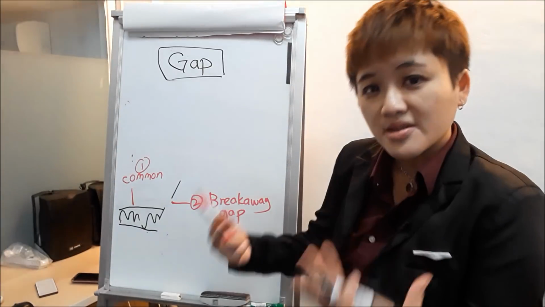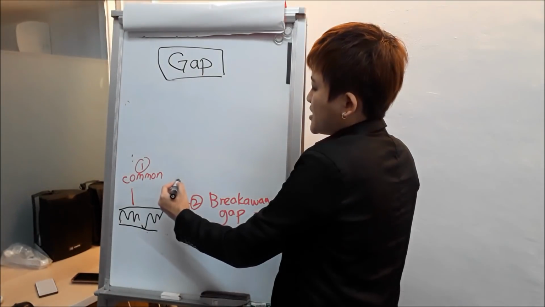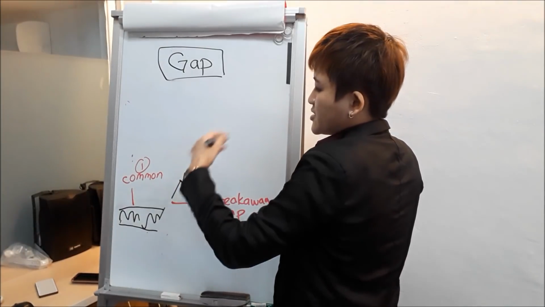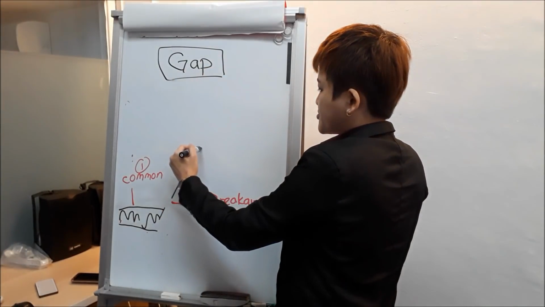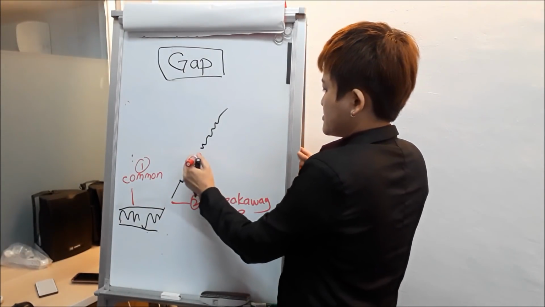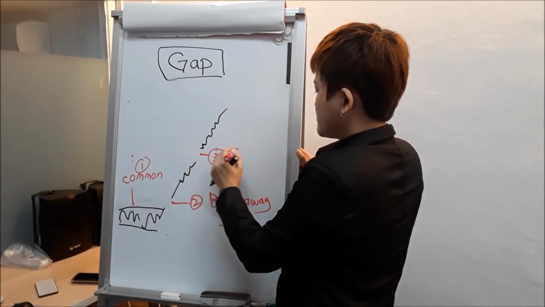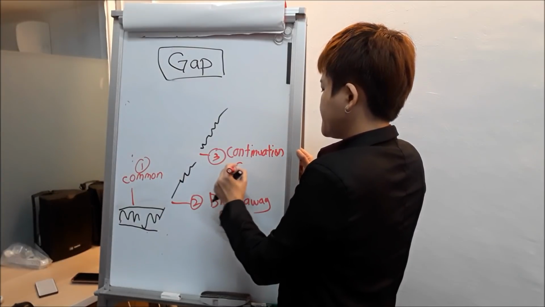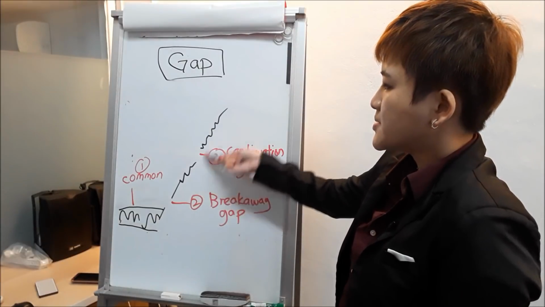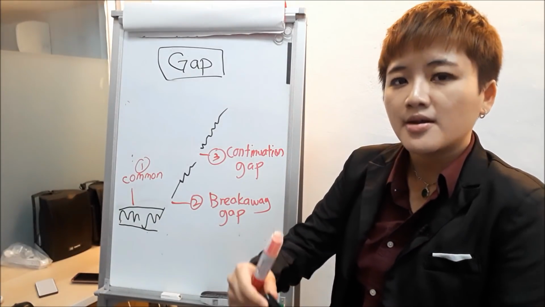So once the breakup happens, a lot of times the market is going to continue in the same direction. So if during the course of the trending market, there's another gap over here, this is what we call a continuation gap. As the name suggests, it occurs in the midpoint of a trending market.